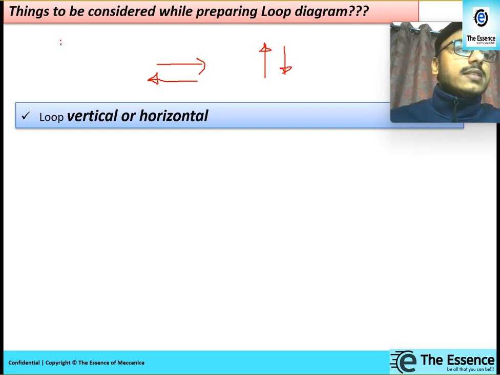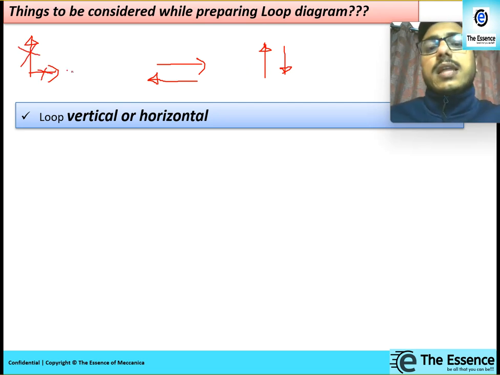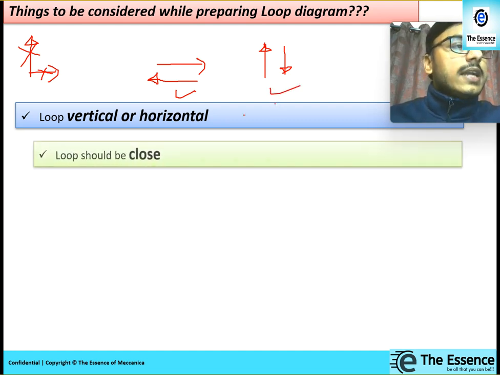We cannot mix them, with one loop vertical and one loop horizontal. Though there is 3D analysis, where we can use sine and cosine of angles to decide that, we are not going to learn that over here. We are going to learn for particular gaps, and the loop can be vertical or horizontal only. So that is the thing.